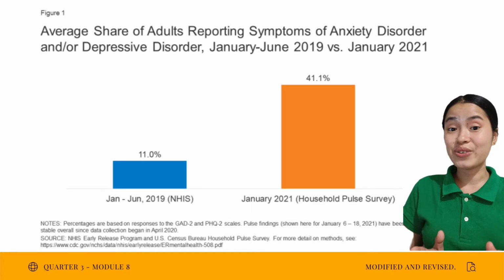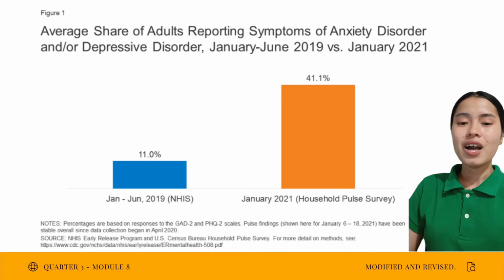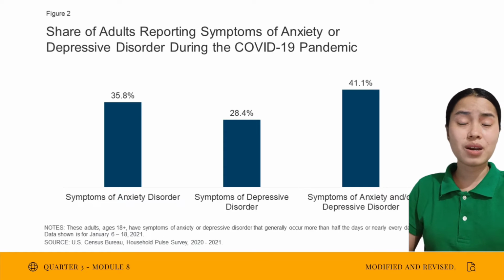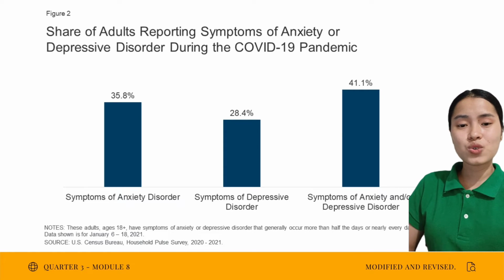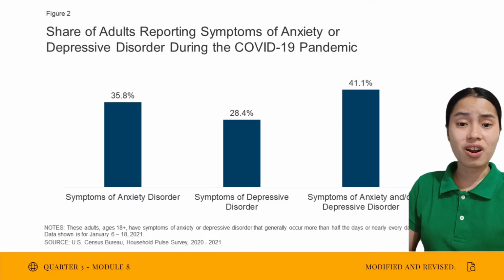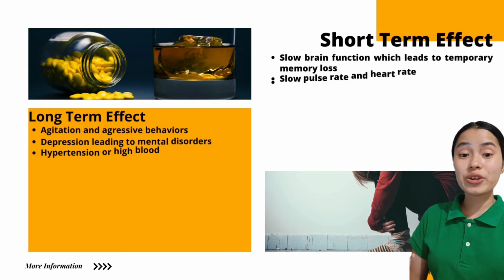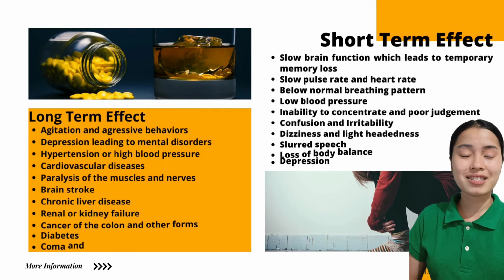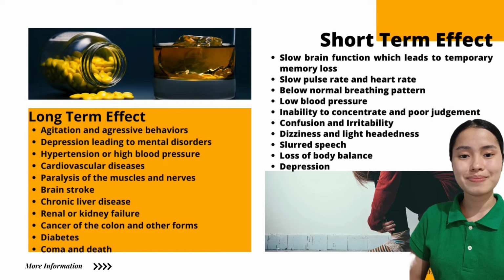So let's try looking at these data. Looking at the two facts and considering how we've lived in our homes, it's safe to assume that some of these people have been using this kind of drug. These are the short-term and long-term effects caused by depressant drugs.